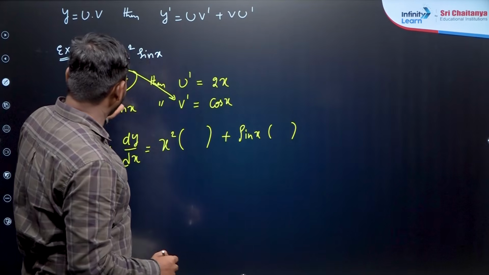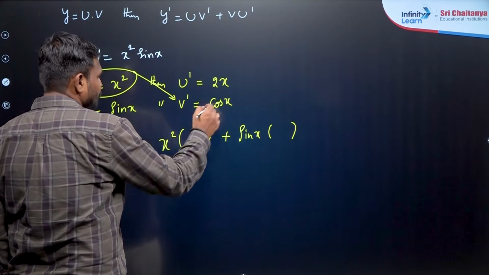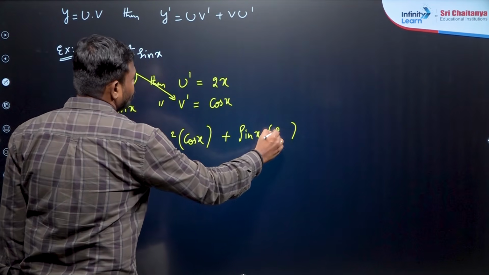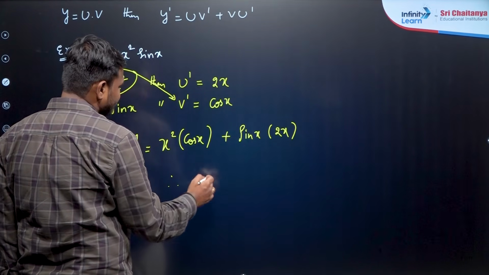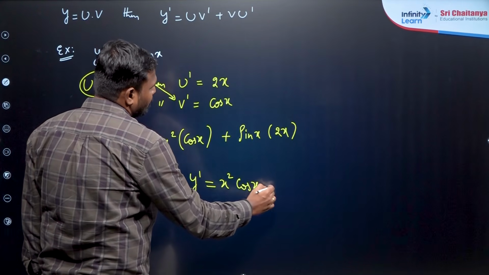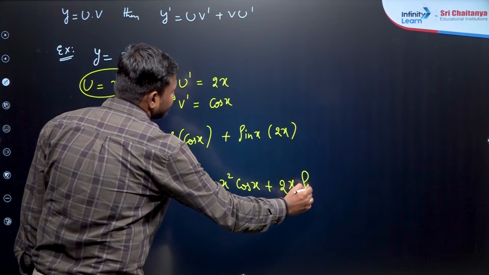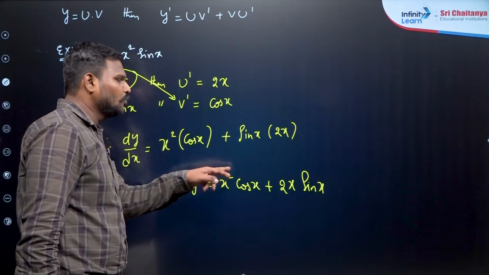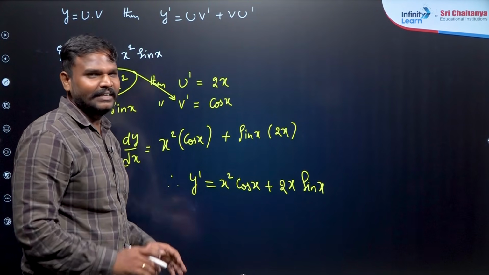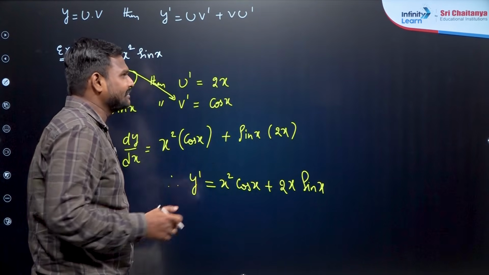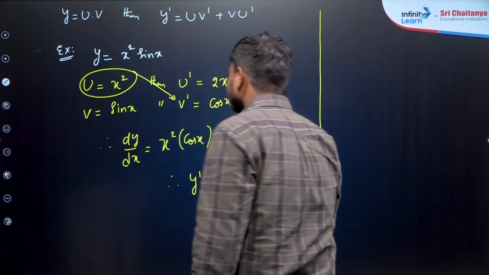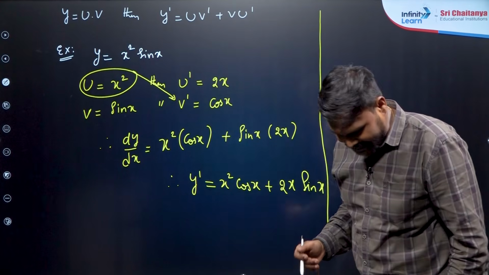So v dash is cos x and u dash is 2x. Therefore the answer will become x square cos x plus 2x sin x. More examples we will discuss in the class.